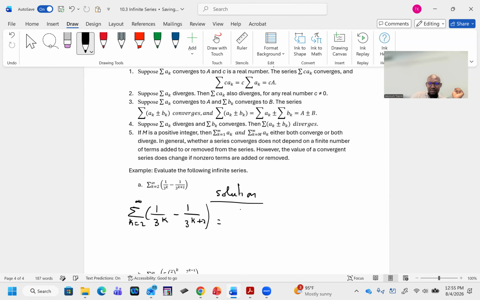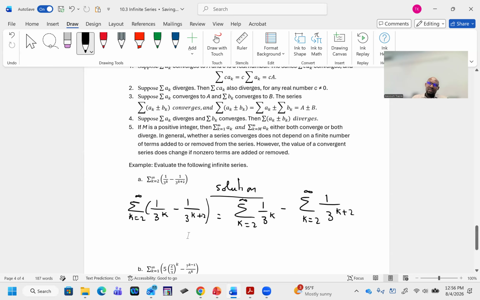This is exactly the same thing as the sum of k from 2 to infinity of 1 divided by 3 to the power of k, minus the sum of k. And we can see both converge, right? Both of these series converge. So converge.